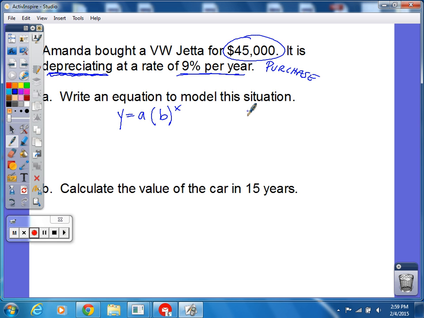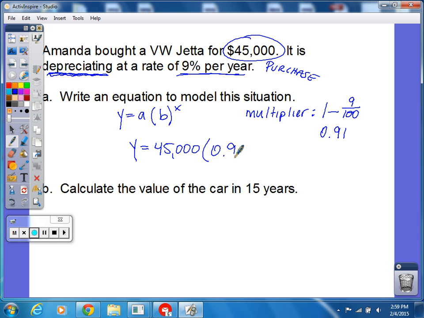So my multiplier will be calculated by taking 1 minus my percent over 100, and that actually gives me 0.91. So when I write my equation, I'll end up with y equaling $45,000 times 0.91 to the x power.